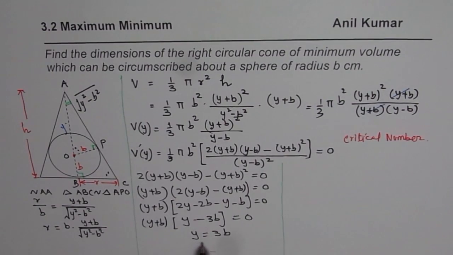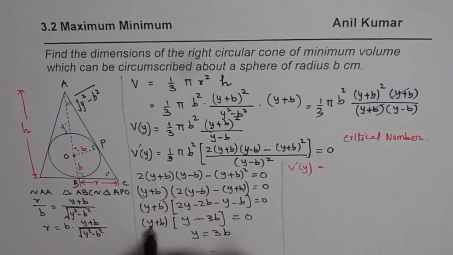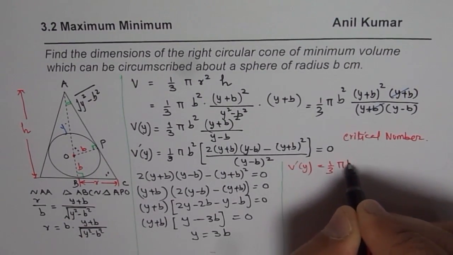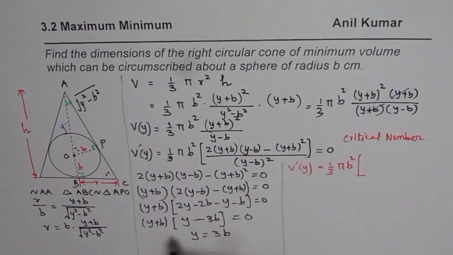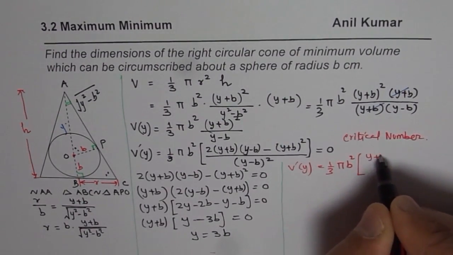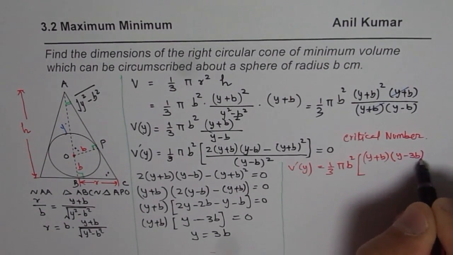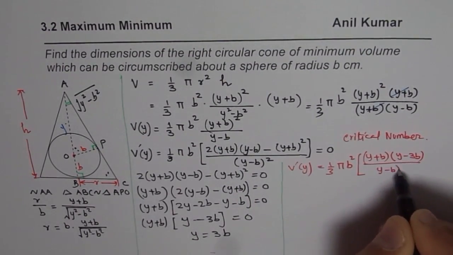So now to analyze whether we get a maximum or a minimum here, we can write our derivative in terms of the simplified version, which is 1 over 3 pi b square, and within the brackets we simplified the numerator as (y plus b) times (y minus 3b), divided by (y minus b) whole square, right?